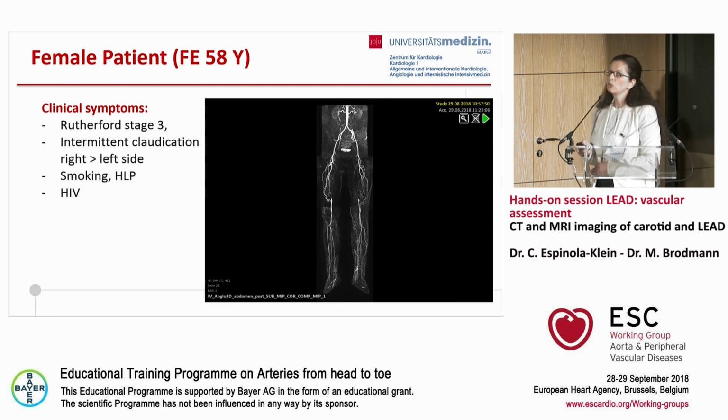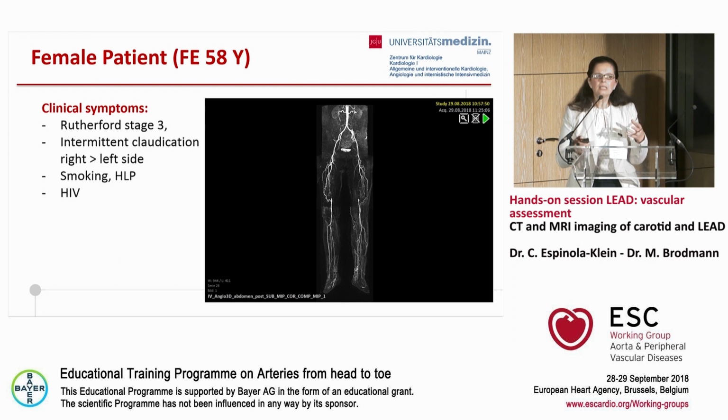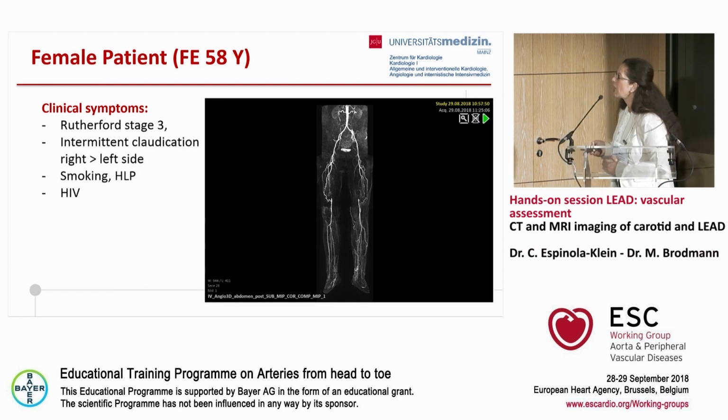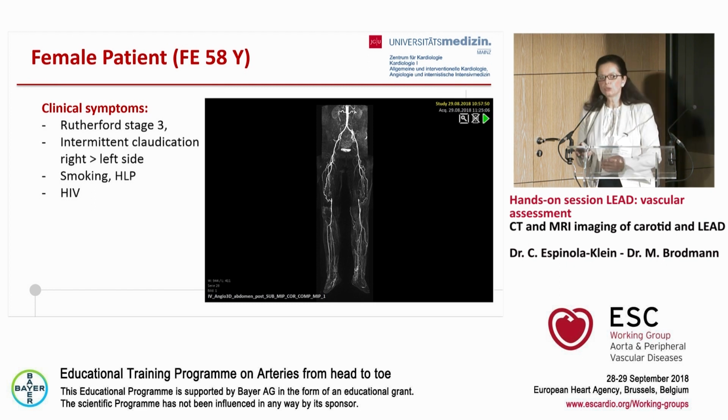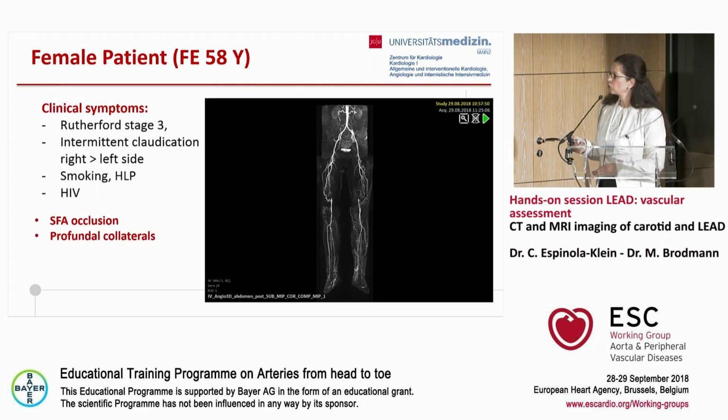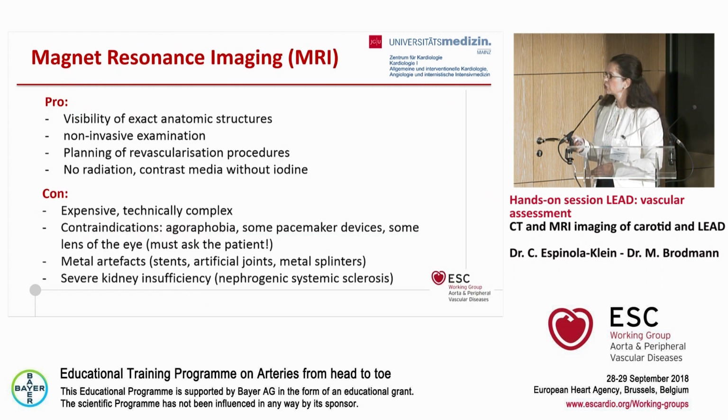In this patient, of course, I do not see the indication to perform MRI scan, but she brought the images with her when she came to us first, and we recommended her to do an exercise training program because of the excellent profunda collaterals. So I want to summarize the pros and cons.